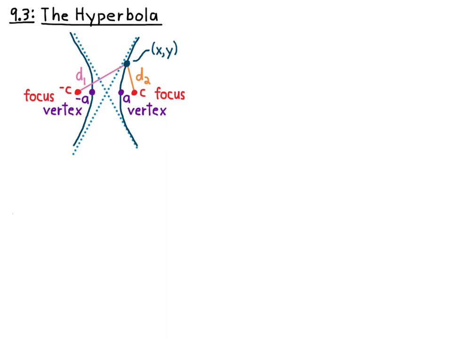The thing about the points on the hyperbola is that if you take the distance d1 from one focus to some point on the hyperbola, and then the distance from that point to the other focus, and you subtract those, you get a constant, some given constant for each hyperbola. Instead of the sum of the two as with the ellipse, for the hyperbola you do the difference of the two. And you just take the larger one minus the smaller one.